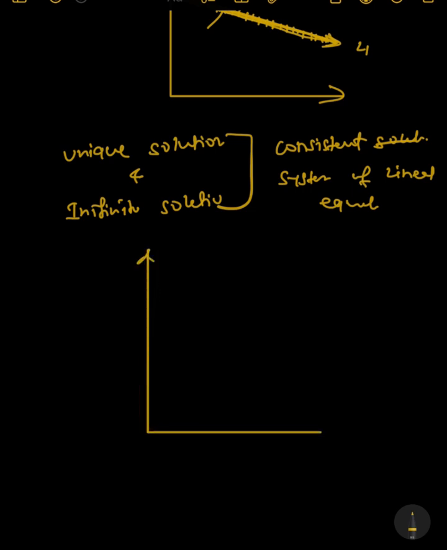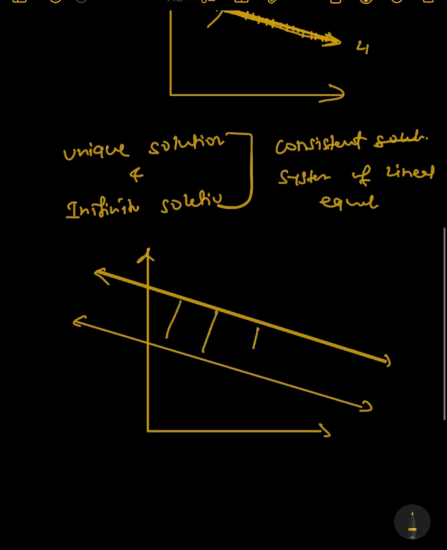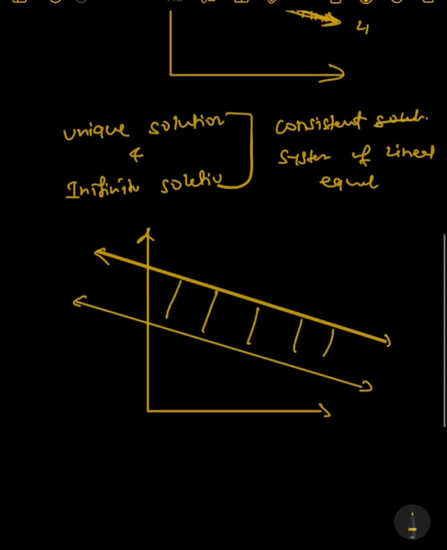Okay, now another case may also be possible. If we draw two graphs of different equations which come like this, both lines are parallel. In this case nowhere is any point meeting. What is the definition of parallel lines?